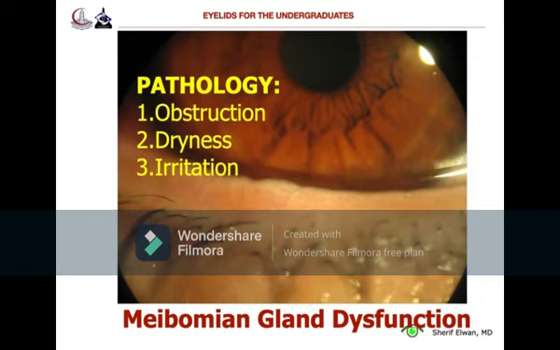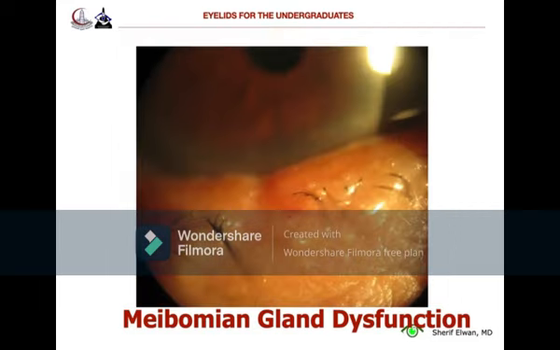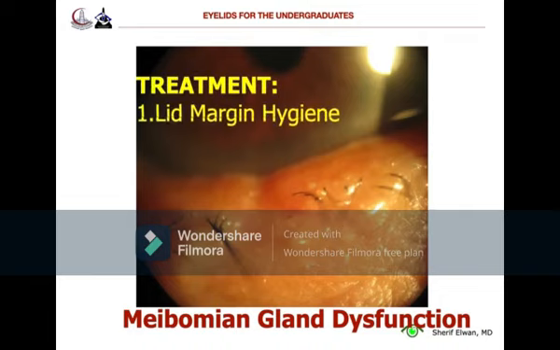All these conditions lead to chronic irritation in the lid margin, which results finally in dilatation of the capillaries in the lid margin called telangiectasia. This condition is treated by lid margin hygiene, which means that the lid should be mechanically rubbed, with the use of lubricants and other antibiotics and steroids.